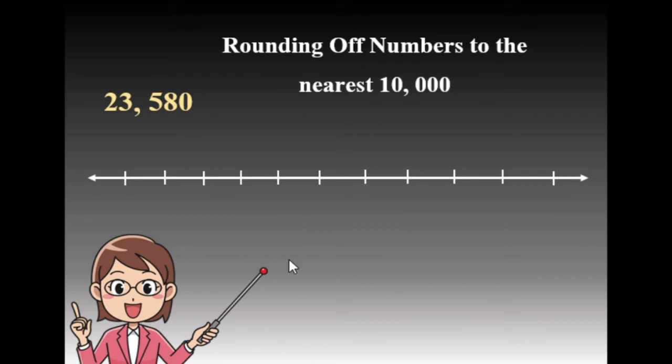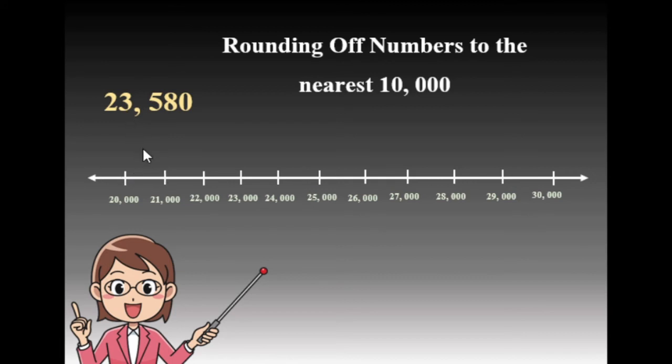You have here 23,580. Let's begin writing 20,000 followed by 21,000, 22,000, 23,000, 24,000, 25, 26, 27, 28, 29, 30. We need to round off this number.